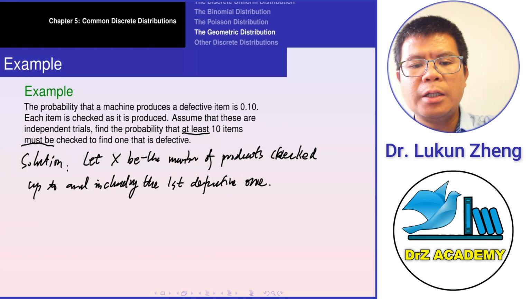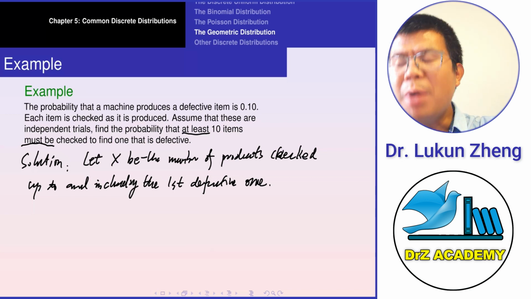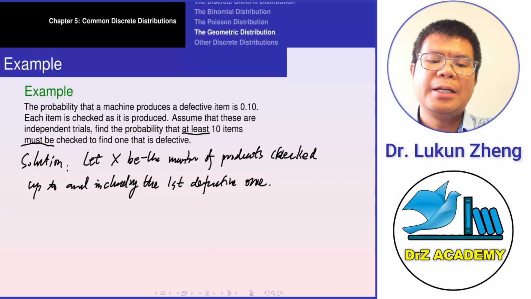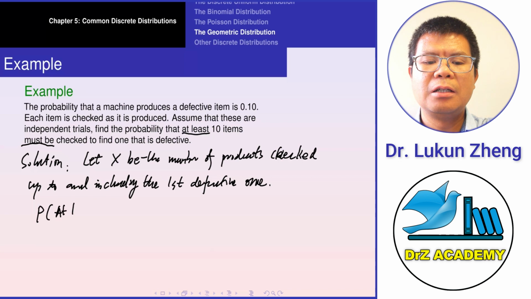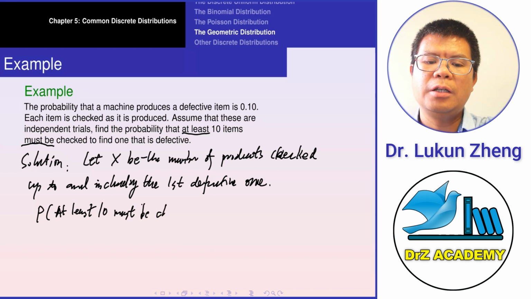All right, so now the probability that at least 10 must be checked. It's going to be what?